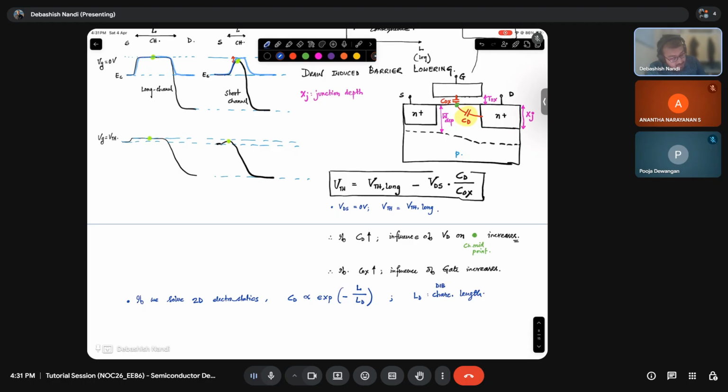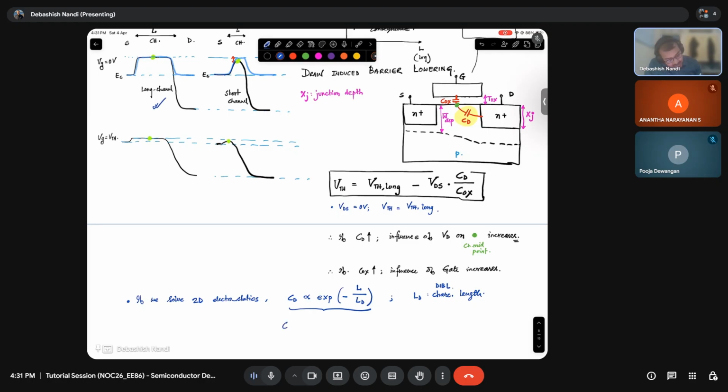It is also called DIBL characteristic length. That we will come to. But can you agree to that? If my channel length increases, the influence of drain decreases. That means effectively I can say that my CD is decreasing. If CD decreases, my drain has less and less influence on the channel. That is what we see in the long channel devices.